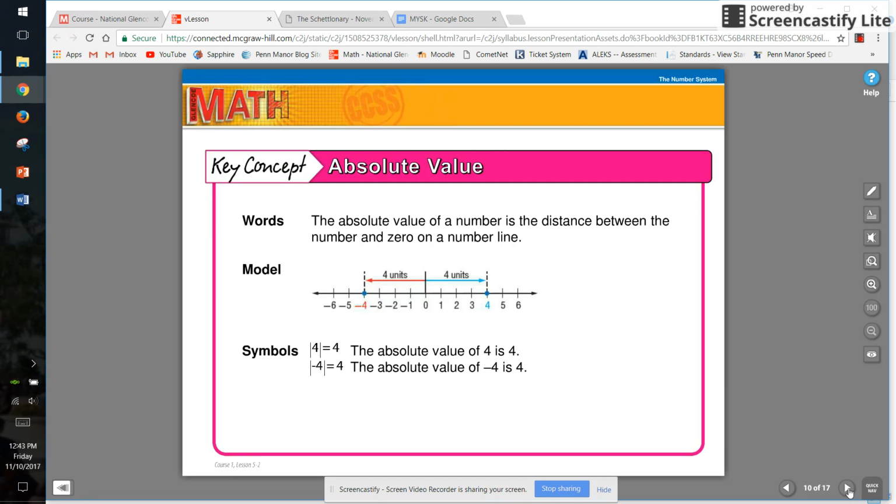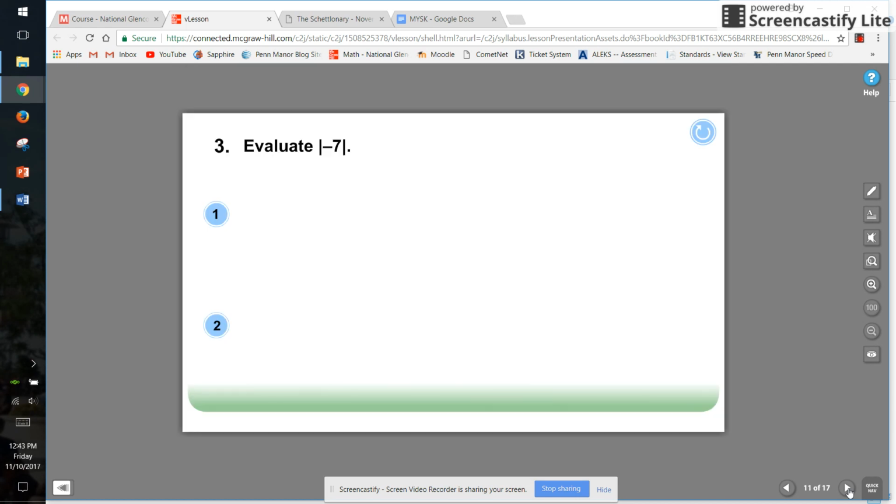Let's take a look at absolute value now. Absolute value is represented by this bar notation around a number, and this phrase says evaluate the absolute value of -7. The best way of thinking about absolute value is how far away from 0 is -7.